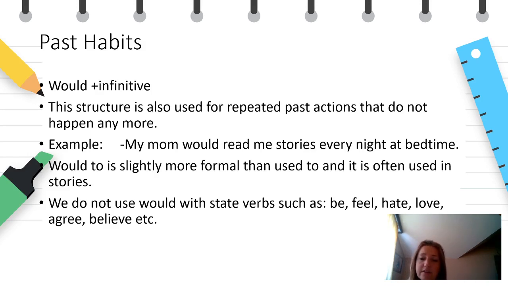Another difference that we must consider is state verbs. We don't use would with state verbs such as be, feel, hate, love, agree, believe, etc. So with state verbs, we always use used to, not would.